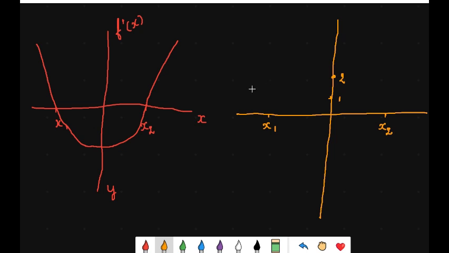It is changing from ascending to descending. So exactly at x1, my function is changing from an ascending graph to a descending graph. Just draw a mountain there.